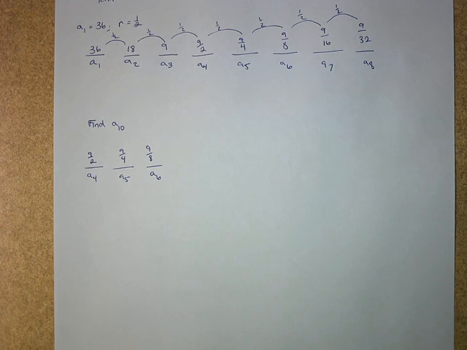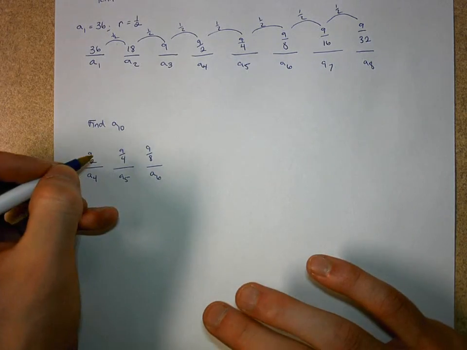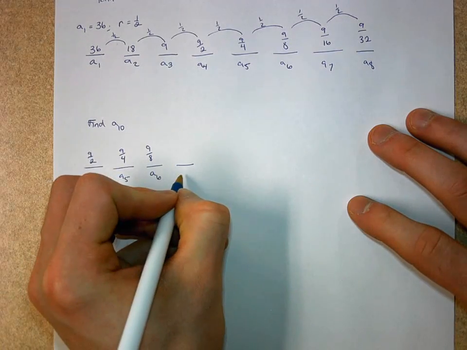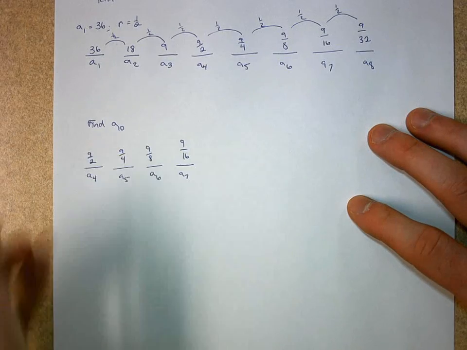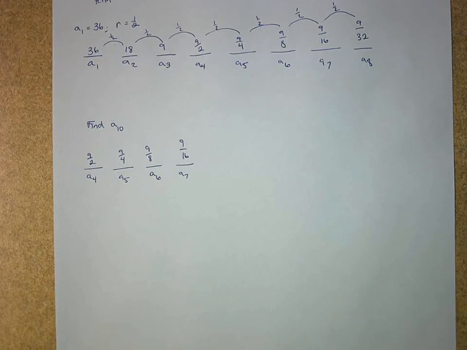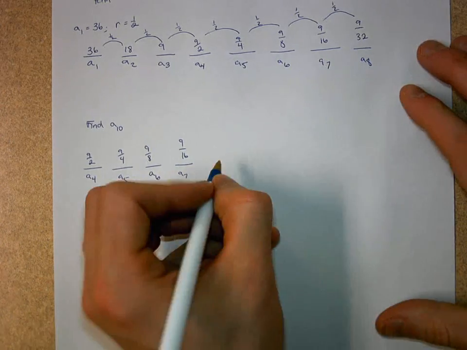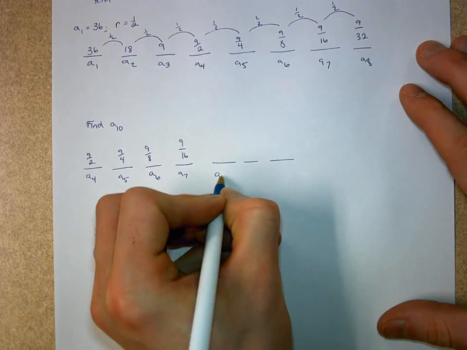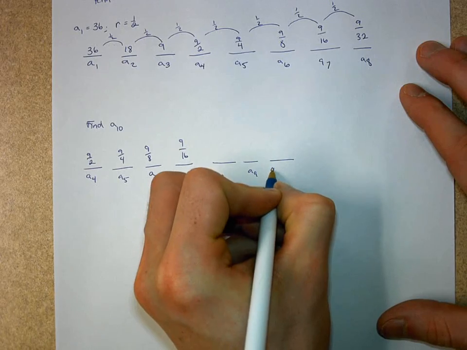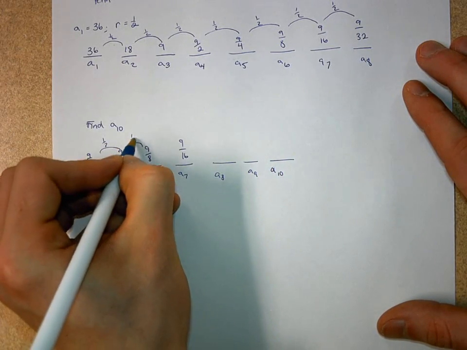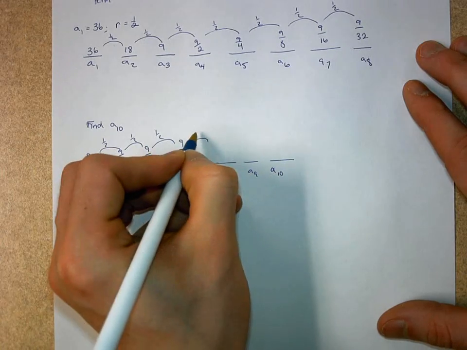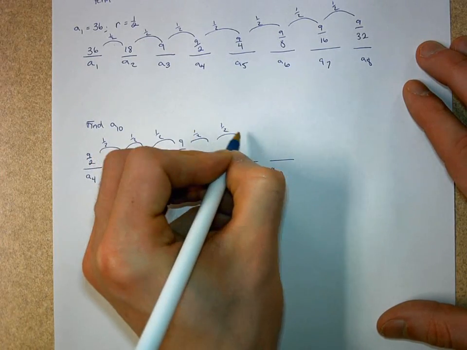Or to make it a little more challenging, let's say I give you a sub 7, which is 9/16, and I want to find a sub 10. Well, I know if I were to follow this pattern out, a sub 8, a sub 9, a sub 10, every single one of these is being multiplied by 1/2.